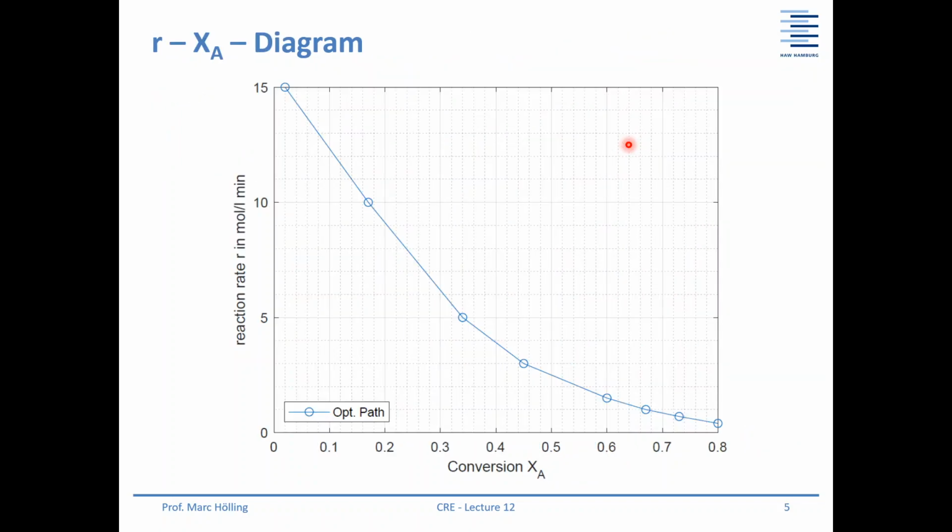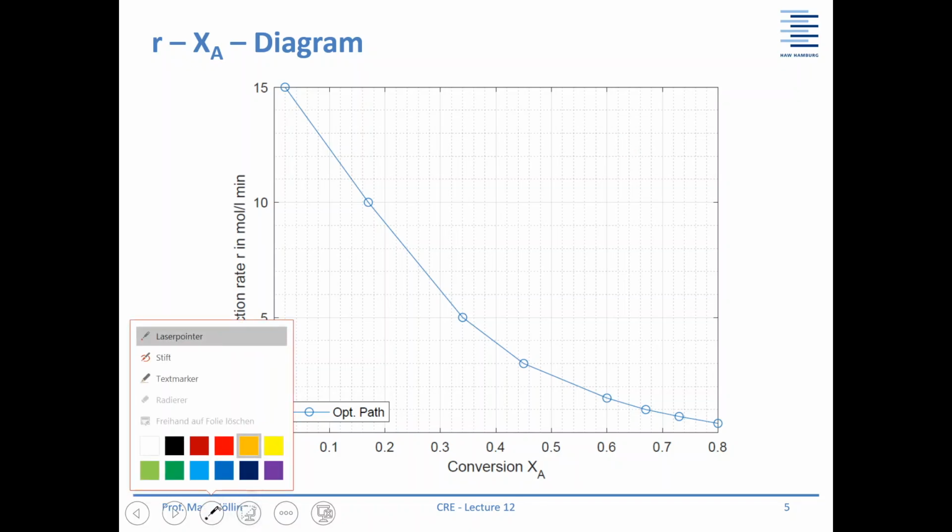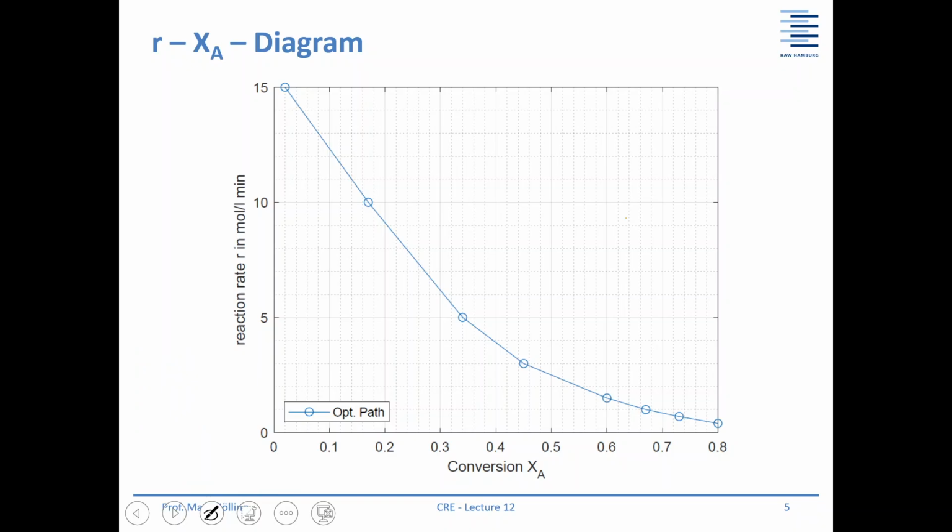Okay, but if you want to calculate your residence time, then it's CA0 times the integral from 0 to your outlet conversion of 1 over R dXA. So, if you look here, we don't have the inverted reaction rate on the y-axis, but we have the reaction rate.